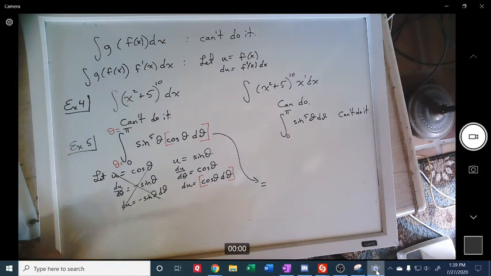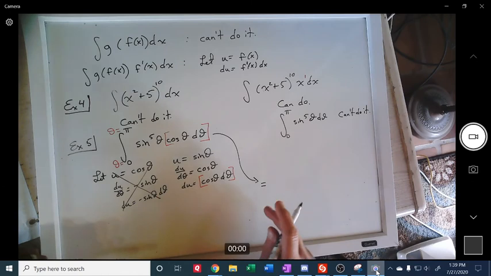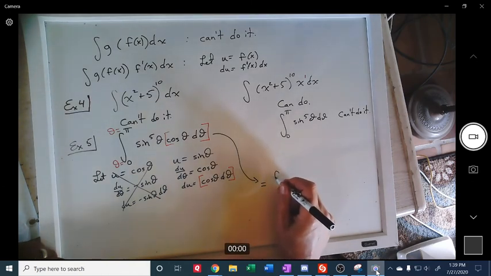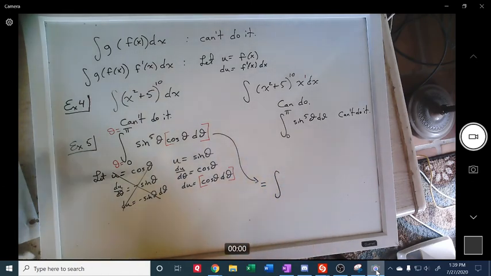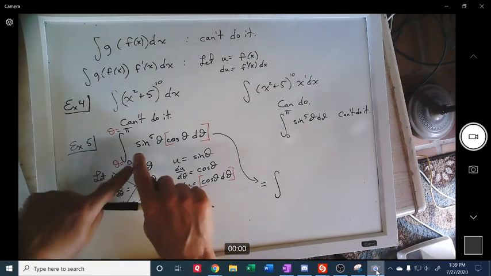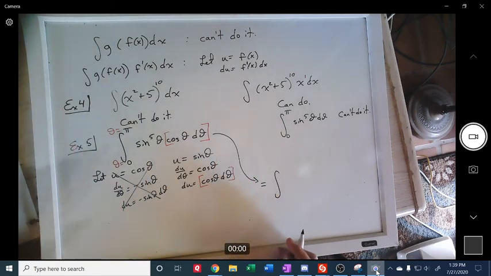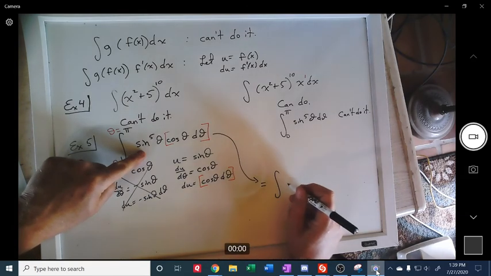Theta is 0 to theta is equal to pi. When we change, we're not going to be able to write thetas anymore. Everything has got to be u's. This becomes u to the 5th.